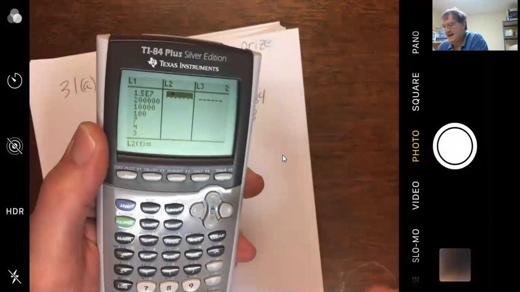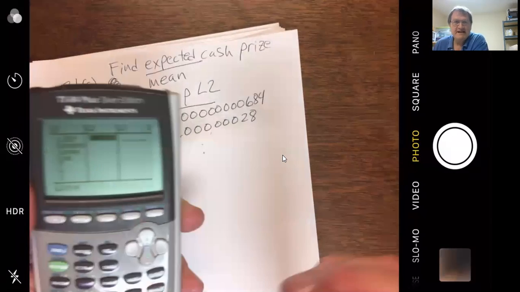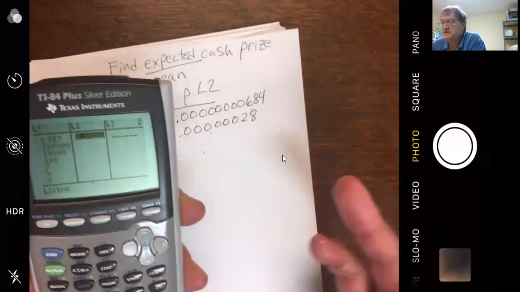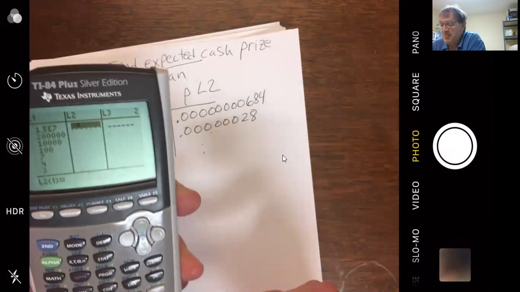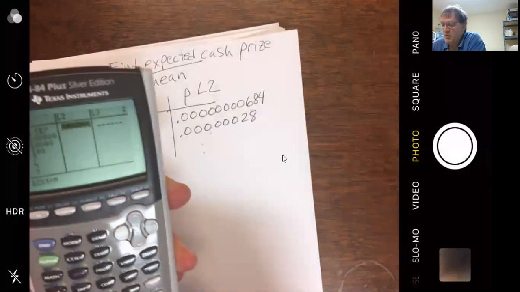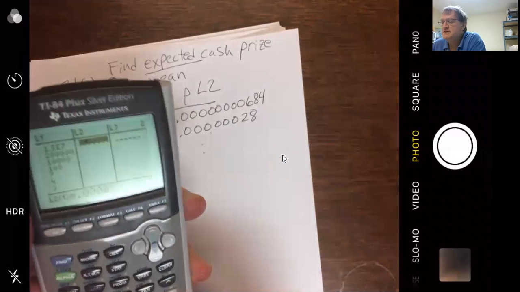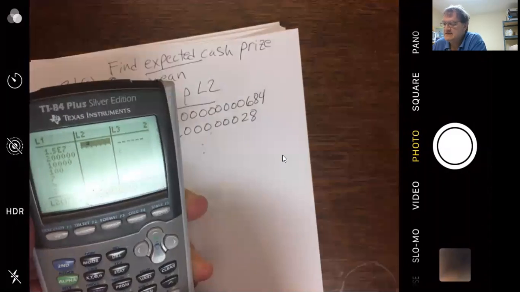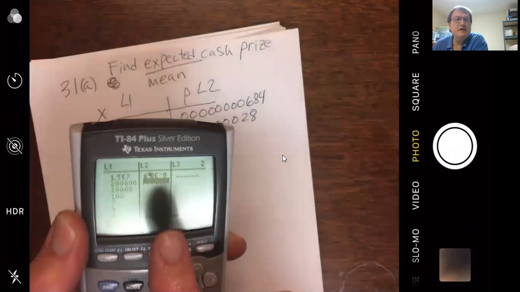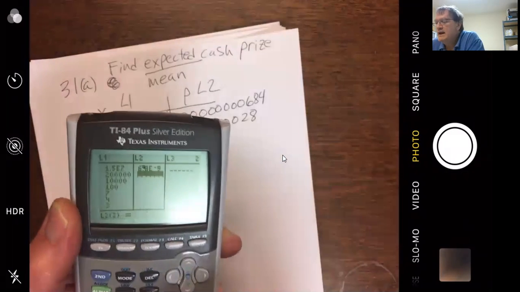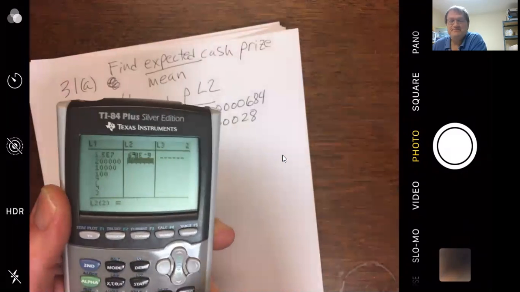All right, let's see if I can enter all of these. The only nasty thing about this is these nasty numbers. Otherwise, it's a really simple problem. It's just because they give you the table, it's a lot of nasty numbers to enter. That was 8 zeros. Point 1, 2, 3, 4, 5, 6, 7, 8, 6, 8, 4. And you can see the scientific notation there, 6.8 E minus 9.